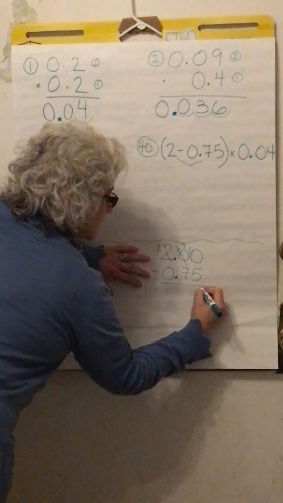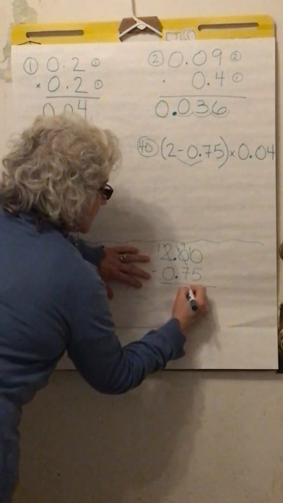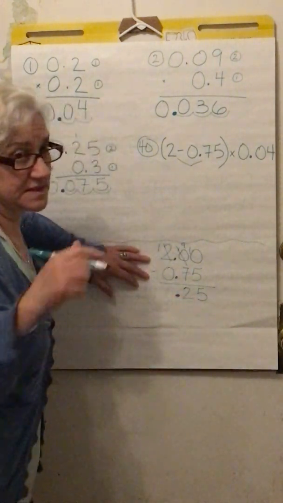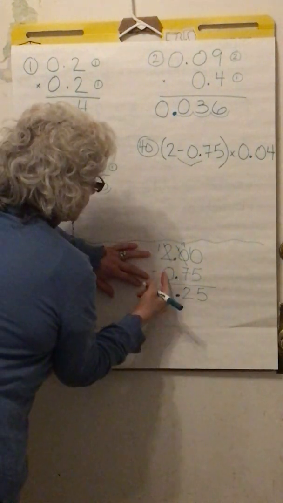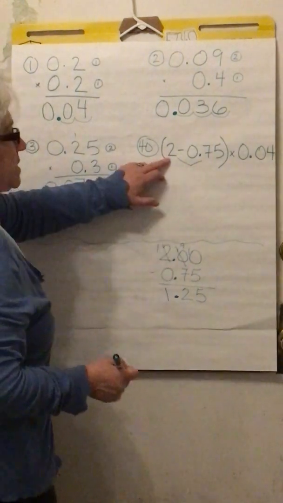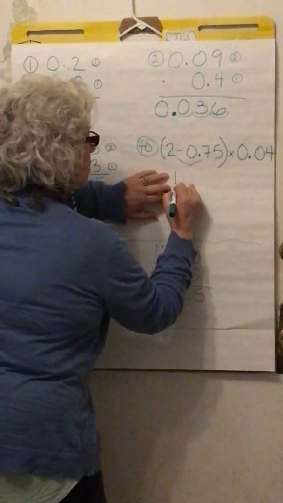So 5 from 10 is 5. 9 minus 7 is 2. The decimal comes right down because this is subtraction. And 0 from 1 is 1.